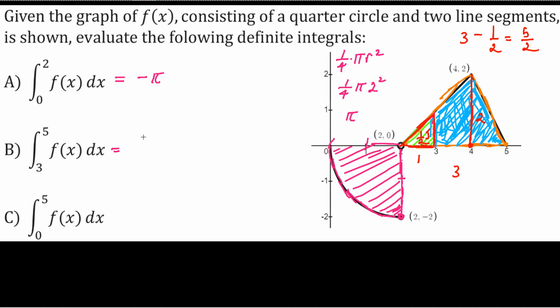And the last part, okay, what you do is you basically now sit here and you wonder, well, I found out the area of the orange triangle was 3, right, in this last piece. And I found out that this area here is negative pi. So the integral from 0 to 5, we don't worry again about this jump discontinuity here.